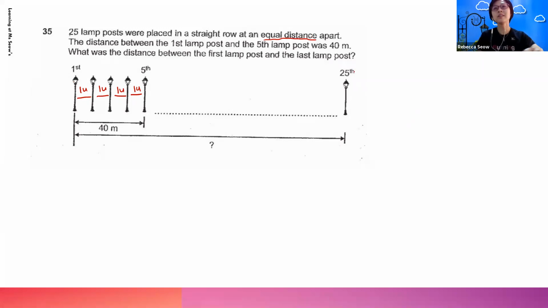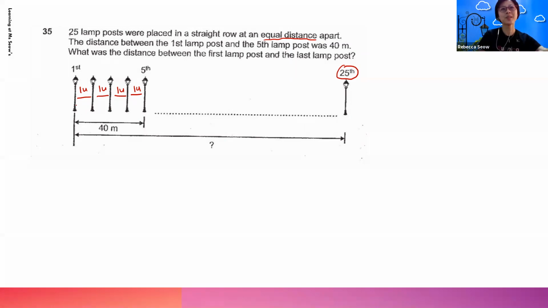If you take note, there are 25 lampposts altogether. So let's see. We have the first 5 lampposts, and the distance between the first to the 5th is 40 meters. Now, we realize that 40 meters has 5 lampposts, but we cannot look at the lampposts to calculate the distance.